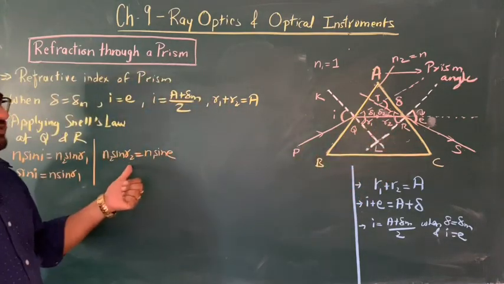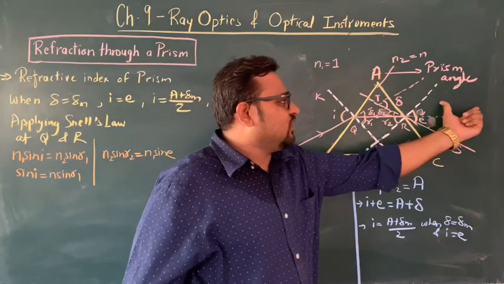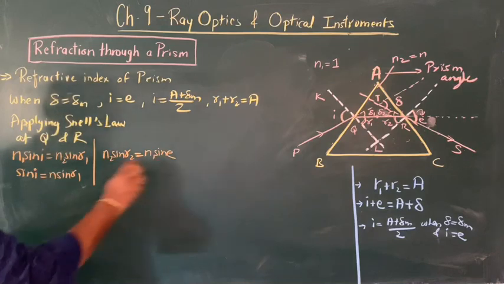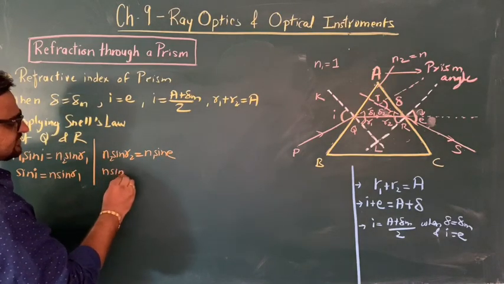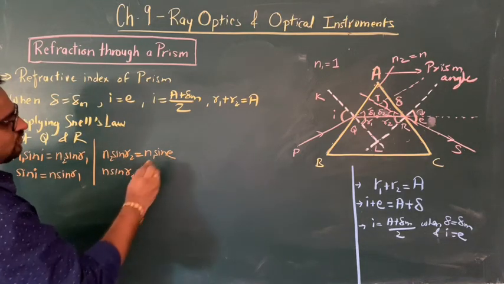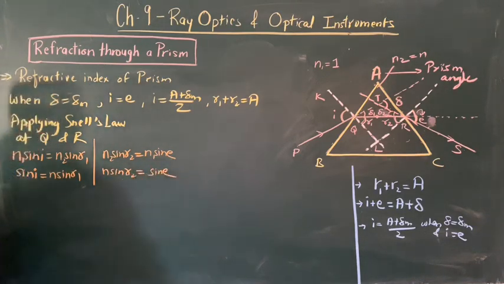So N2 sine R2, refractive index N1 and angle of refraction E. So this will be N sine R2 equal to sine E.